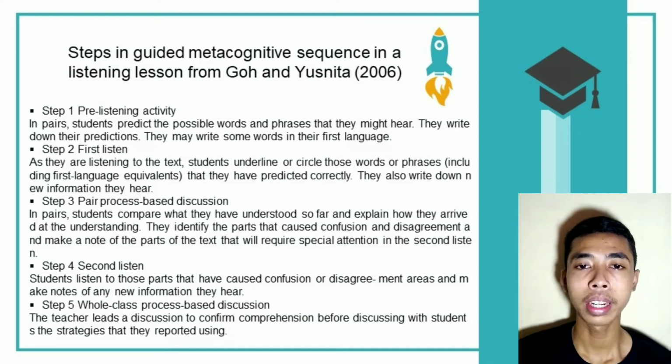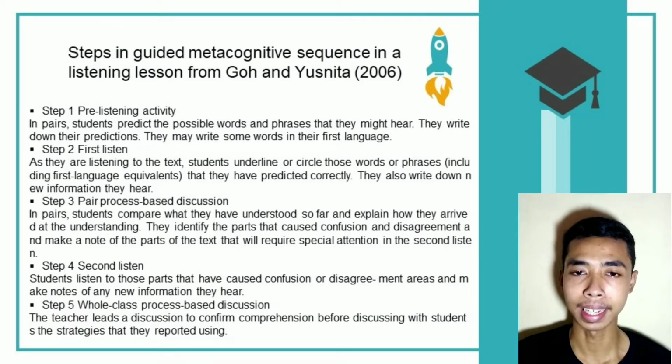In the guided metacognitive sequence, we will learn about a listening lesson from Ke and Yusnita 2006. The teacher will give learning audio or text for the students to listen to. The first step of this strategy is the pre-listening activity.